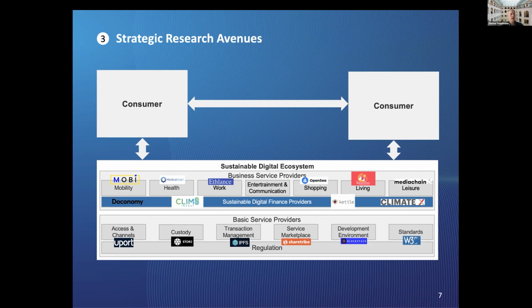For example, one is listed here, the economy, which provides a tool that allows you to calculate your individual carbon footprint based on your payment transactions. MasterCard, for example, uses that, so you can calculate your greenhouse gas emissions based on your payment behavior. So that is something that we could observe here.